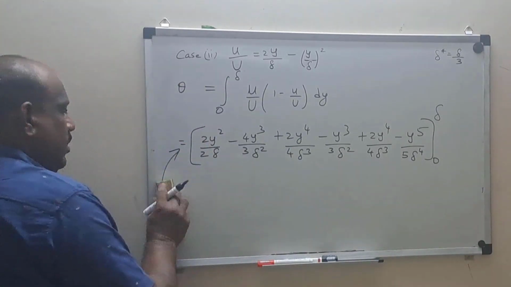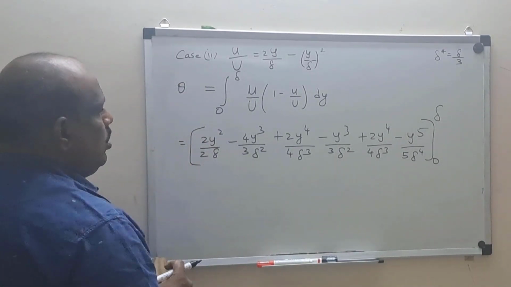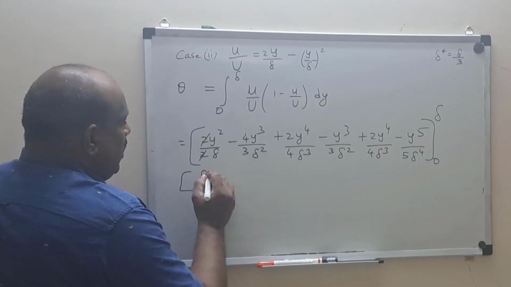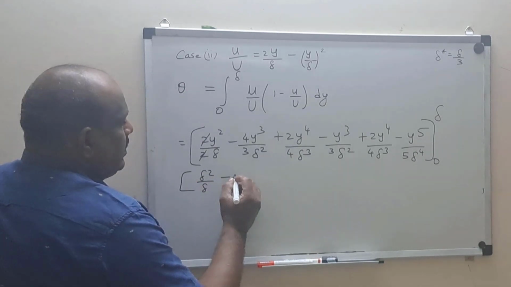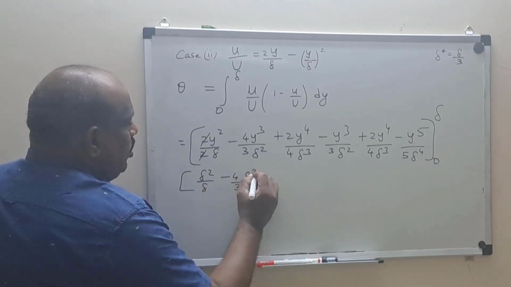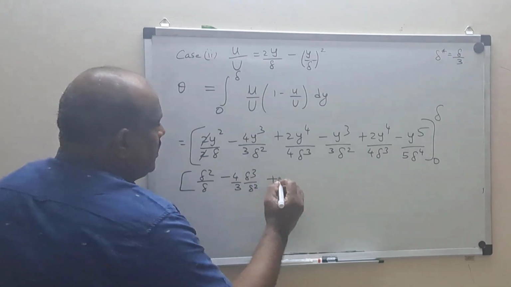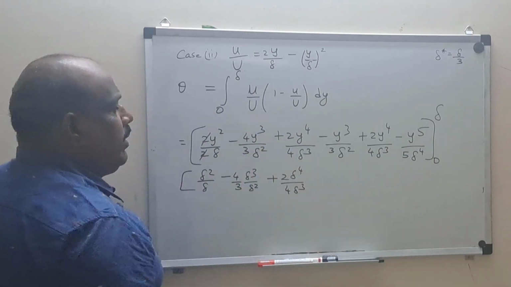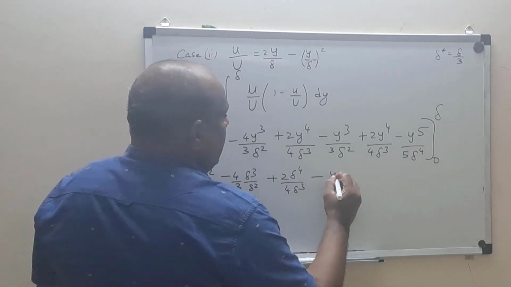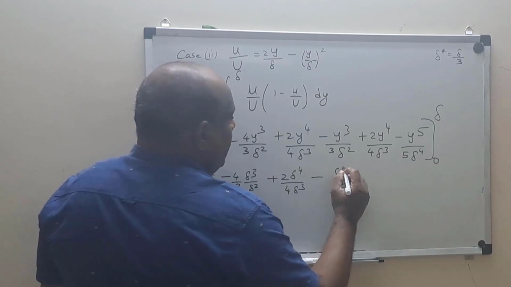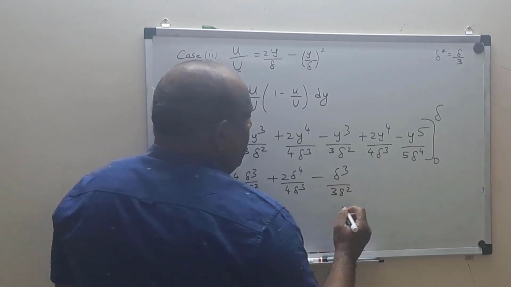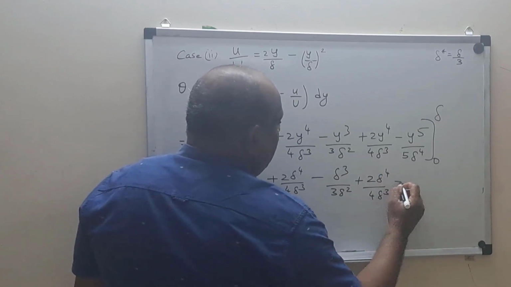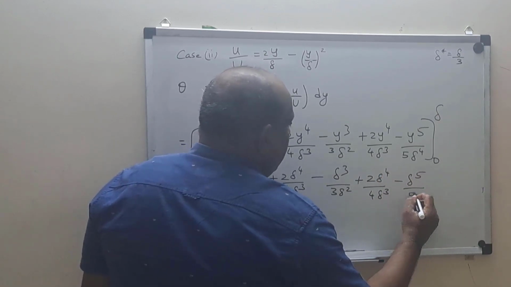Now I can erase this. Apply the limits, the 2 gets cancelled. So it becomes delta squared by delta, minus 4 by 3 delta cube by delta squared, plus 2 into delta power 4 by 4 delta cube, which we can make 1 by 2, minus delta cube by 3 delta squared, plus 2 into delta power 4 by 4 delta cube, minus delta power 5 by 5 delta power 4.